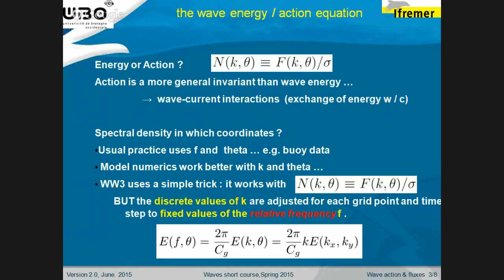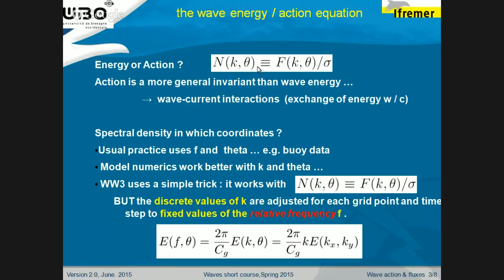This exchange term disappears by magic because the wave energy is not conserved, but the wave action is conserved if you have adiabatic processes and something which is not a function of the wave phases. So triad interaction also can change the wave action. I close the parenthesis. So for these reasons, the model is formulated in terms of the action spectral density.